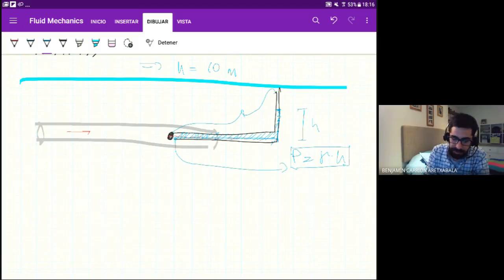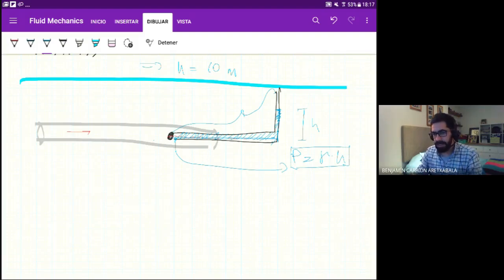And the pressure here must be the same pressure as the inside of the valve. Otherwise, there could be water flowing. If you have a difference in pressure, water will flow where there is a smaller pressure. Although keep in mind that this is a relative difference in pressure. So this is a way of measuring differences in pressure.